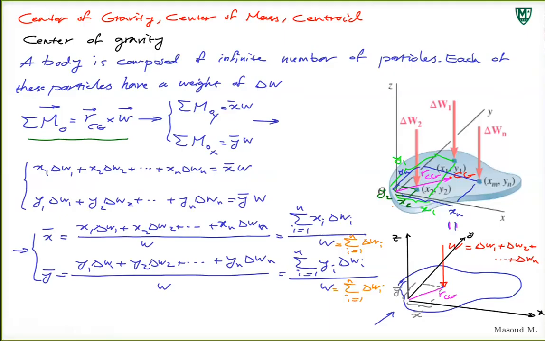Now, a little bit of math. You remember that this rigid body is composed of an infinite number of particles, right? What does that mean? It means this n is a very, very large number, infinite. If you remember from the definition of integral, when n goes to infinity, this summation becomes an integral.